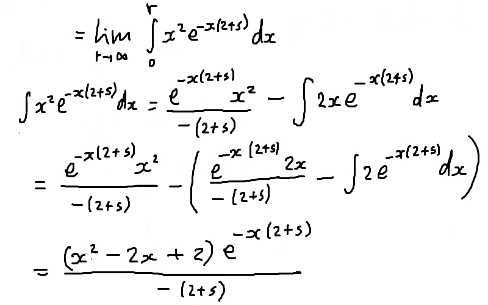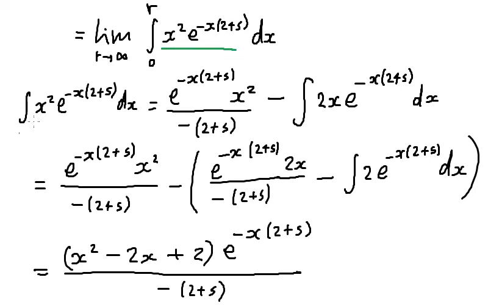So this is what I got as the antiderivative of the given function. In order to compute this limit, first what I want to know is what the antiderivative of this function is.